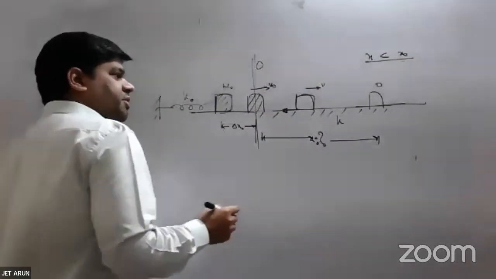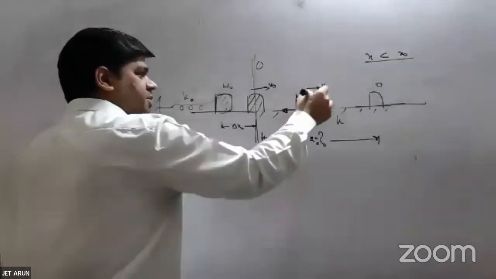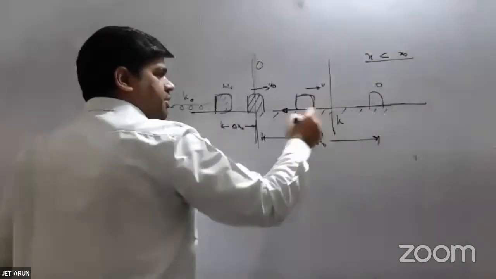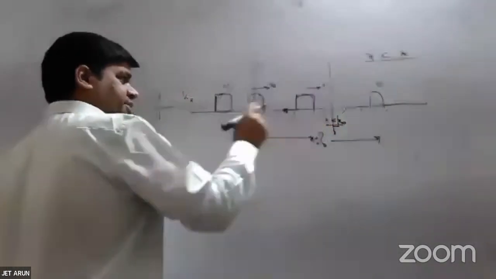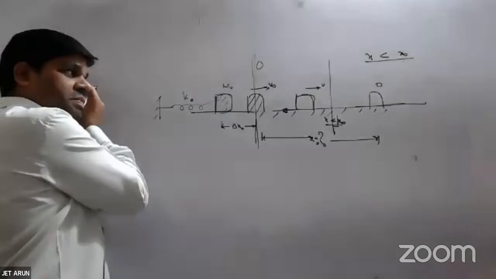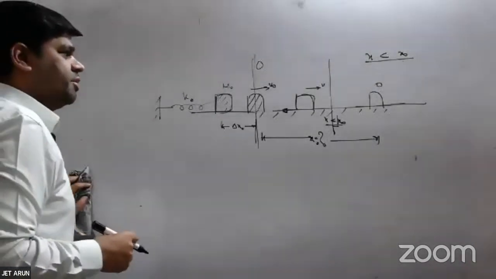What is the kinetic energy or what is the velocity of the particle when x is less than x naught? That means it will have some velocity when x is less than x naught. I have to find out that velocity. So how do I do that?